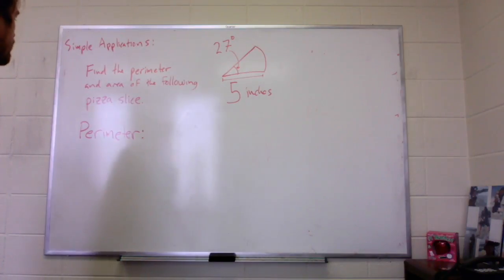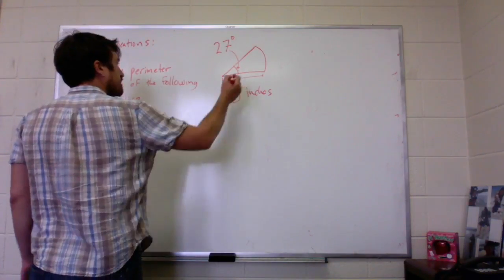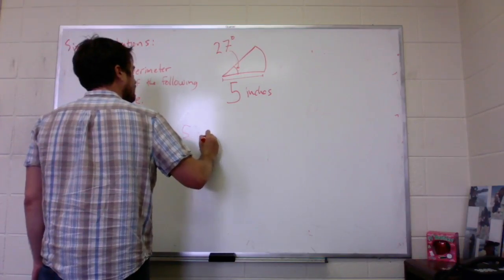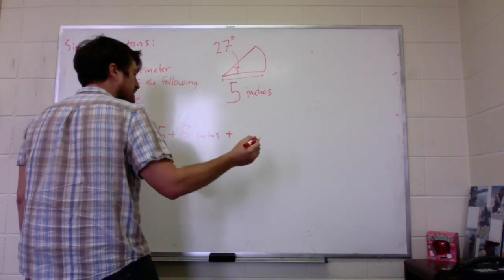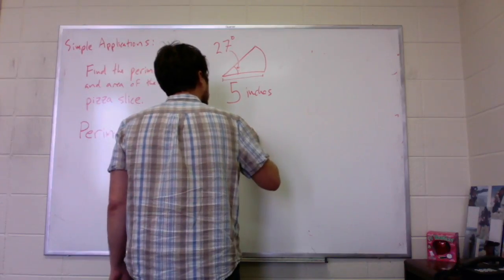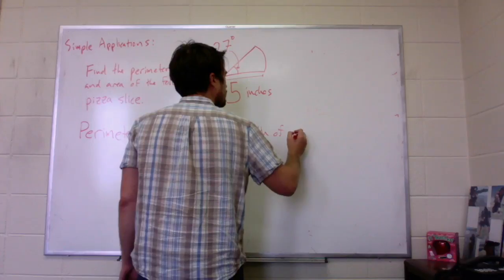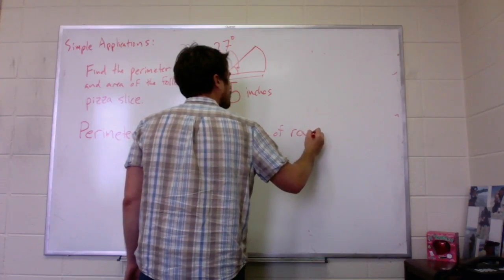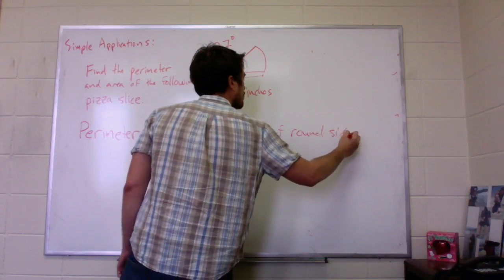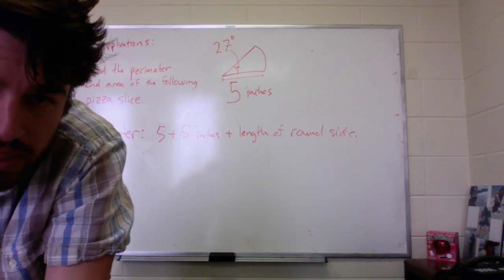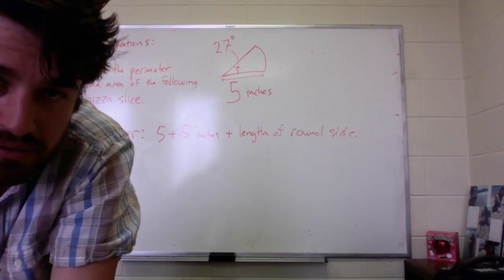The 2 straight sides are just 5 plus 5 inches, plus the length of the round side. So the only part that requires any work is finding the length of the round side.